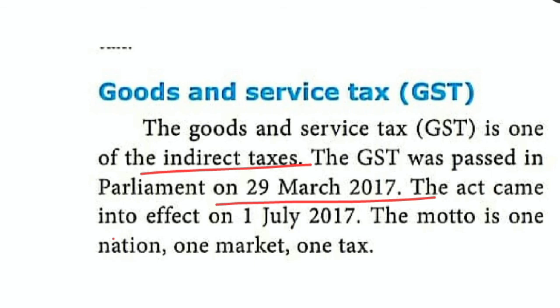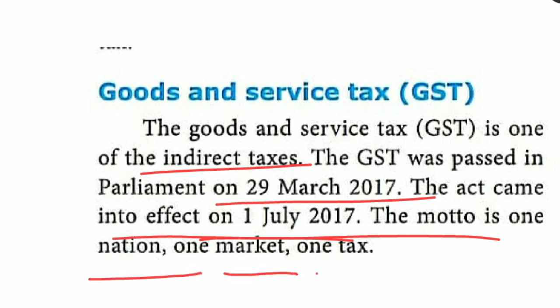The act came into effect on July 1st, 2017. So from July 1st, 2017 onwards, we are paying the GST to the government. The motto is one nation, one market and one tax. So that is called GST.